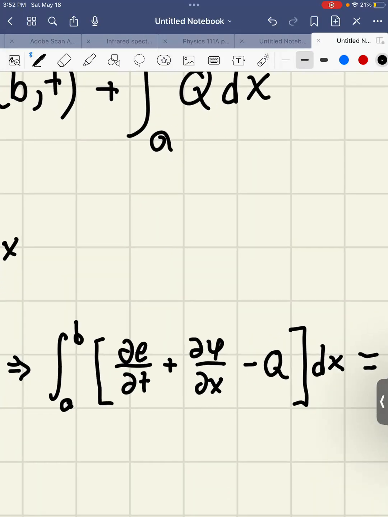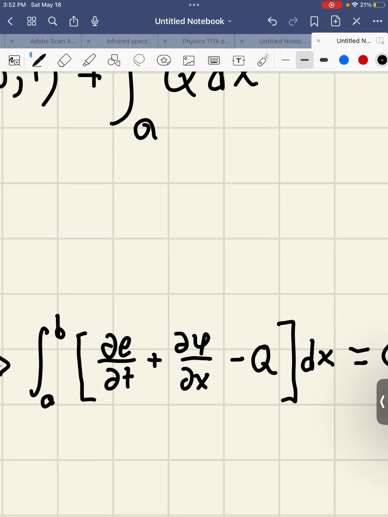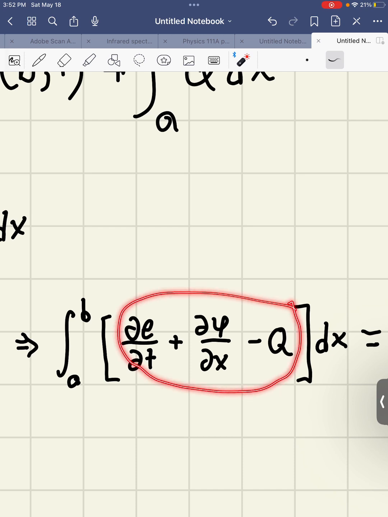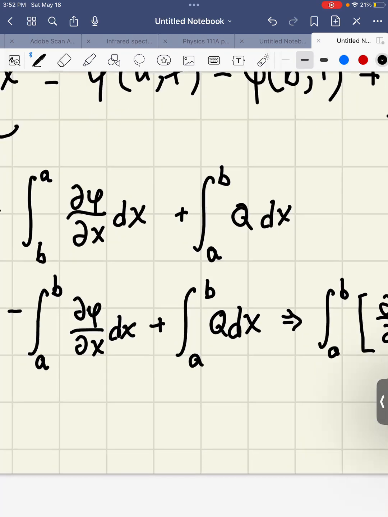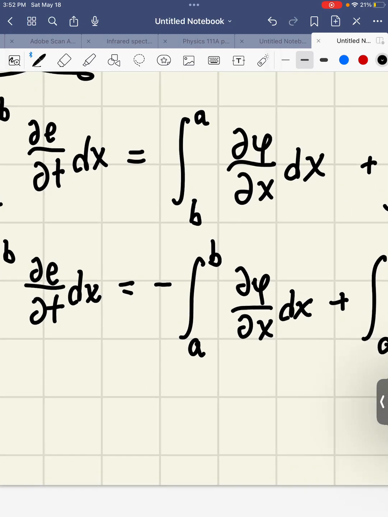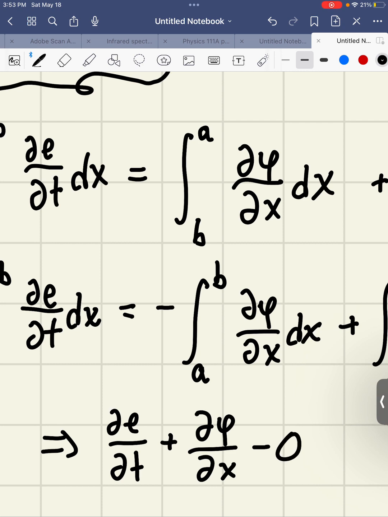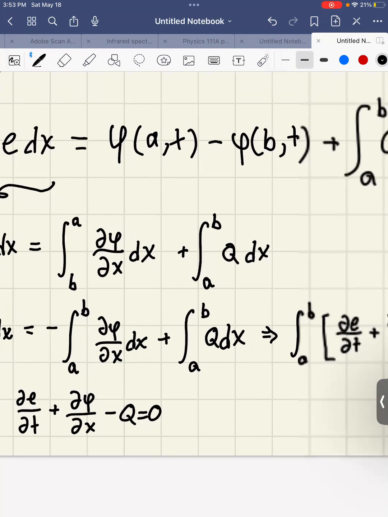Therefore this integral is equal to 0 if and only if our integrand is 0. So I can write that partial e partial t plus partial phi partial x minus q is equal to 0.